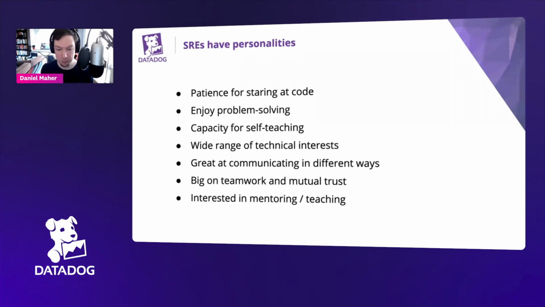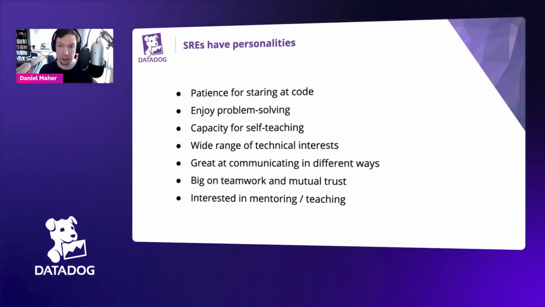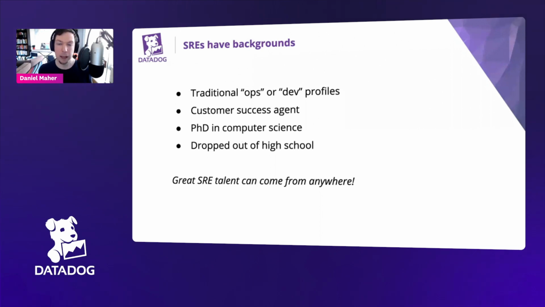And those people could come from anywhere, right? In fact, that really brings us to the next slide, which is that, I can't seem to switch slides. There we go. SREs come from a lot of different types of backgrounds, right?